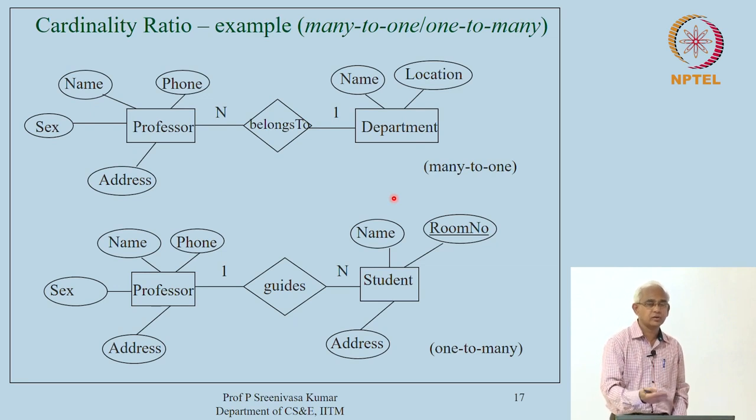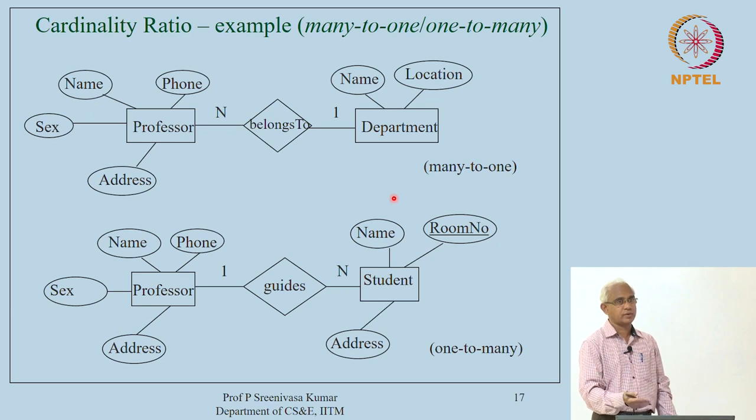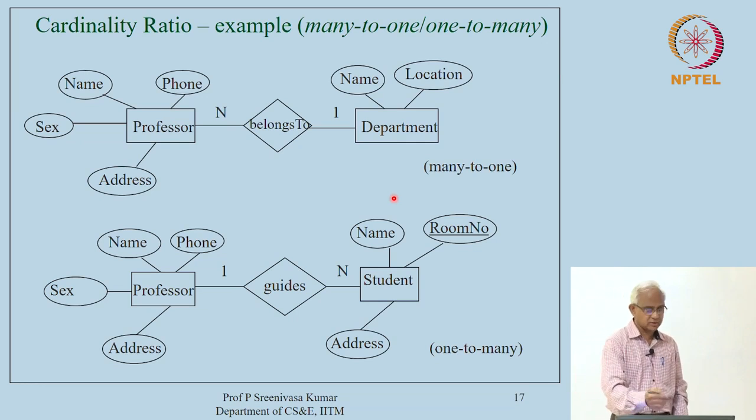The institute might as well adopt a different policy in which it allows professors to be associated with multiple departments. But let us assume that in this situation each professor administratively belongs to one department, and many professors will belong to one department. So, it is a many to one association.